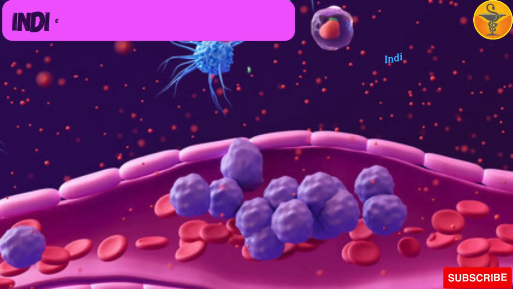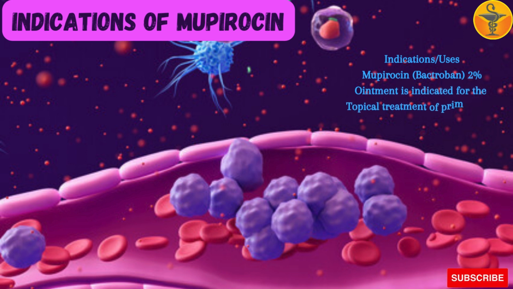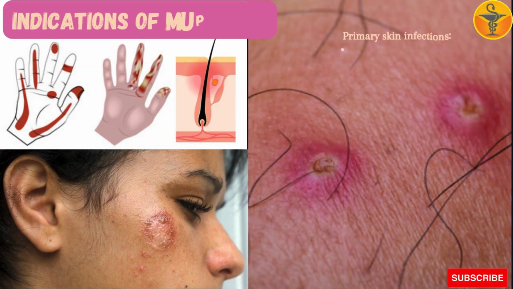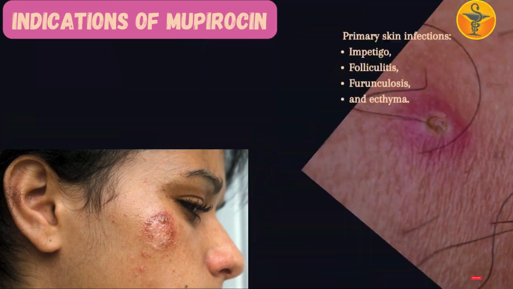Now we discuss the indications of mupirocin. Indications, uses. Mupirocin, Bactroban, 2% ointment is indicated for the topical treatment of primary and secondary bacterial skin infections. Primary skin infections: impetigo, folliculitis, furunculosis, and eczema.